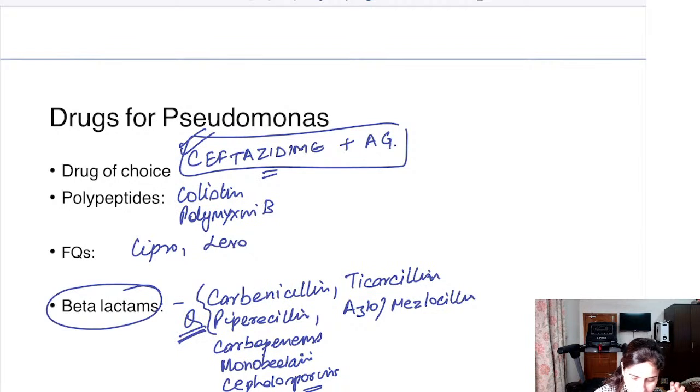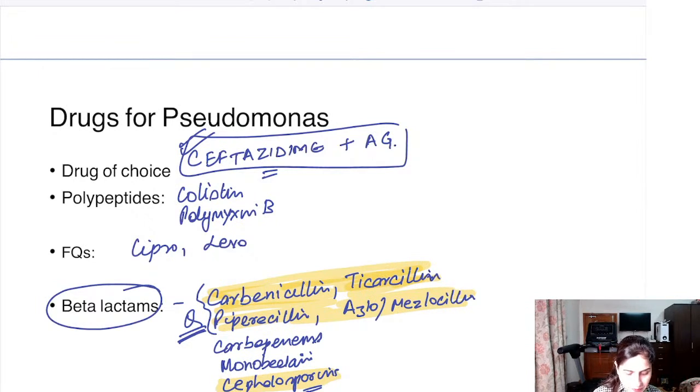These you should know. Then anti-pseudomonal cephalosporins: ceftazidime, cefoperazone can also be used. Even cefepime, cefpirome, the 4th generation ones, can be used. So these are the important ones.